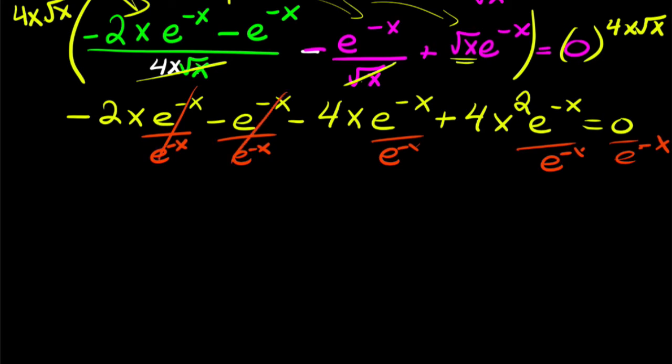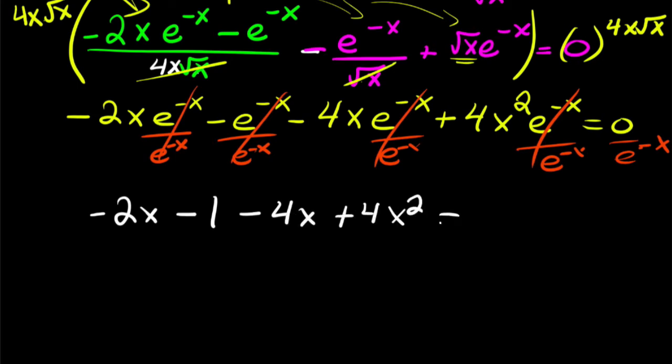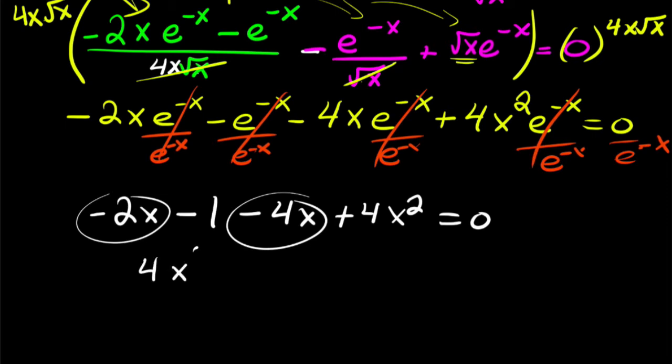And that's going to get rid of all of these. Now be careful with this one, that's still 1. So that's going to be minus 2x minus 1 minus 4x plus 4x squared is equal to 0. Now if you combine these, you would get 4x squared minus 6x minus 1.